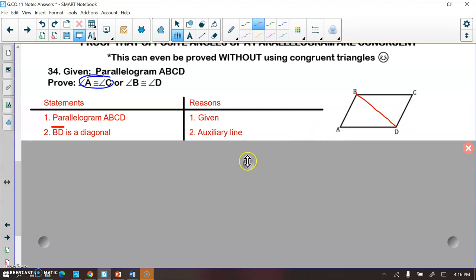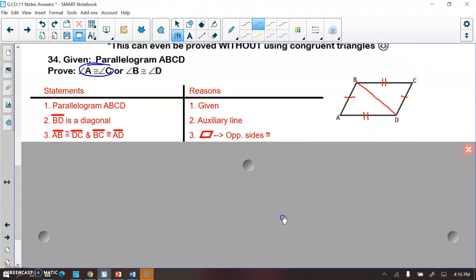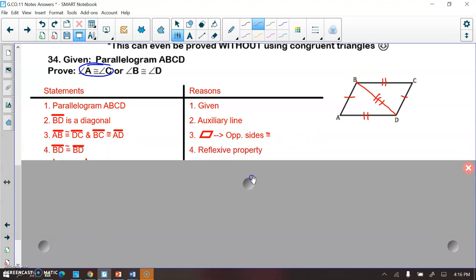And then I know that since this is a parallelogram, opposite sides are congruent. So I can say AB and CD are congruent. I can say BC and AD are congruent because in a parallelogram, we have two pairs of opposite sides congruent. And then lastly, I'm going to say that BD is congruent to itself by the reflexive property.